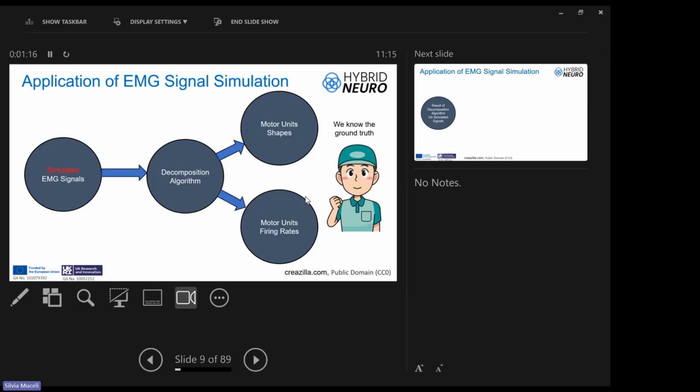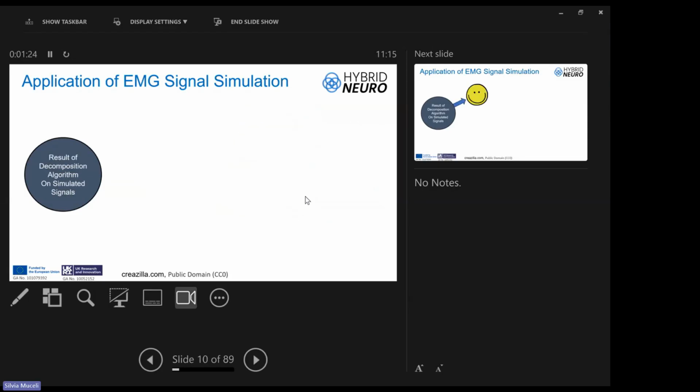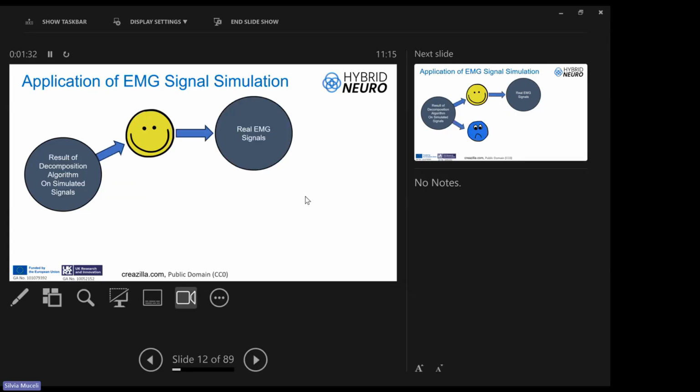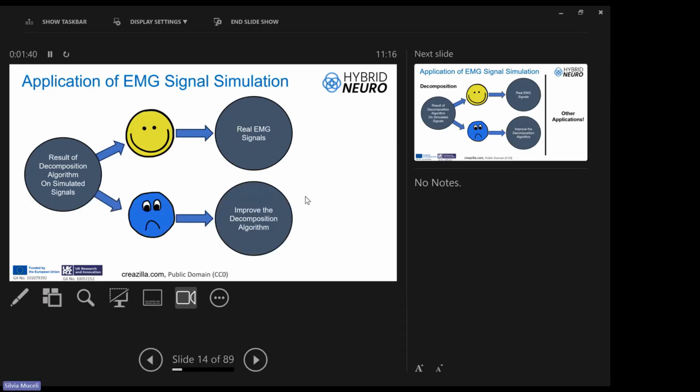We can check how the algorithm works, estimate the performance, evaluate it, and generally at the time that we get the results of the decomposition, if we are happy about the result, we can go and use the algorithm on the real signal. But if we are not happy, we need to improve the decomposition algorithm.